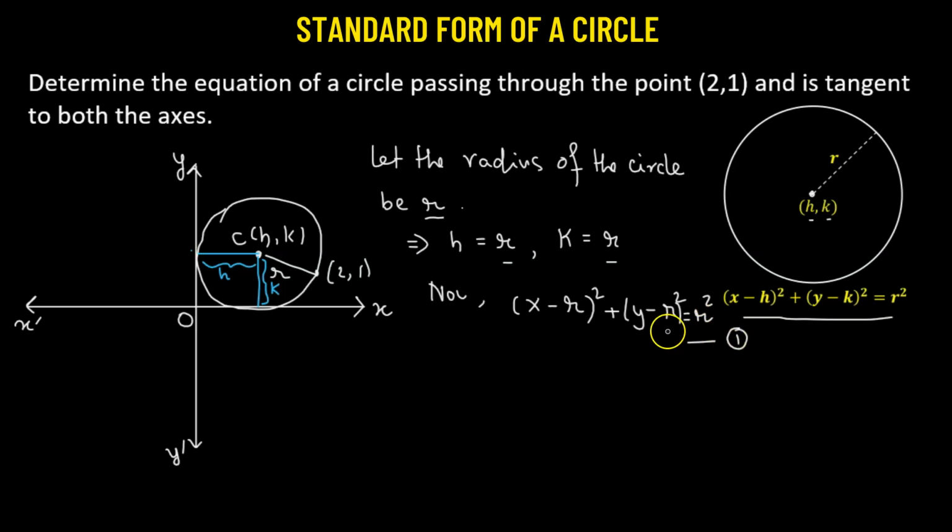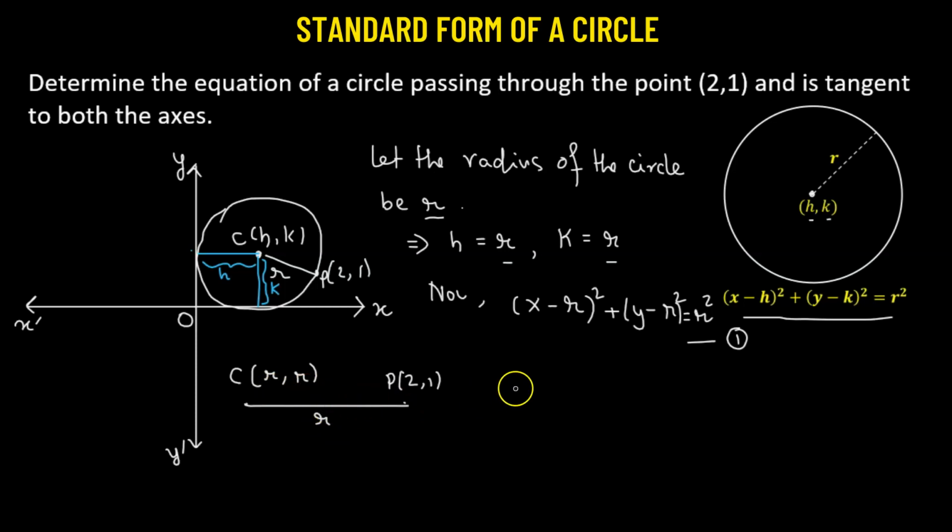Now we'll try to find out the radius of the circle. Here we can use the distance formula, because we have the point c, which is (h, k), and (h, k) is nothing but (r, r). This is one point, and we have the other point, let's call it p. The coordinate of point p that's given to us is (2, 1). When we join the point c and p, that is nothing but the radius of the circle r.